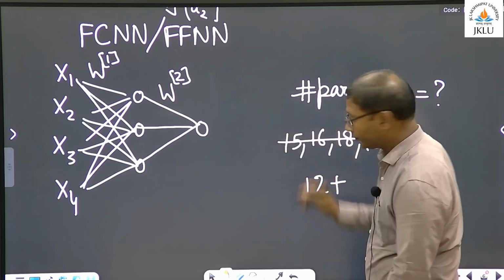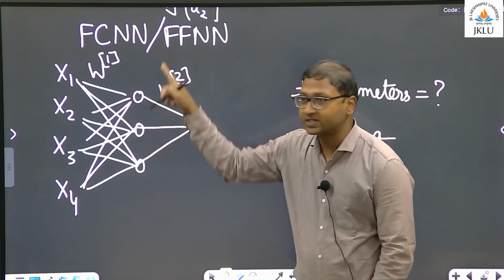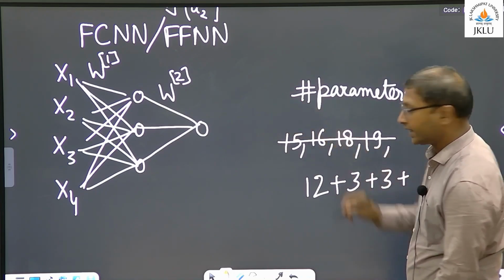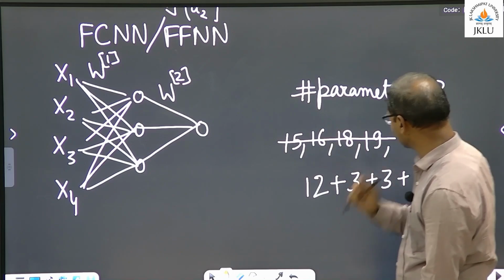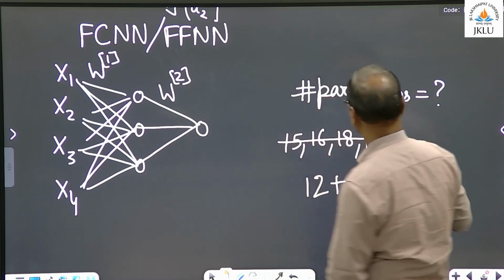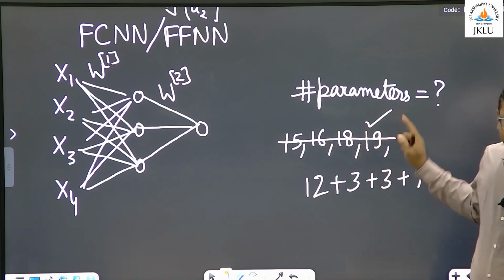Plus how many in W2? 3. Plus how many biases on the first hidden layer? 3. Plus how many on the output layer? 1. And this sums to 19. Everybody is okay with this?